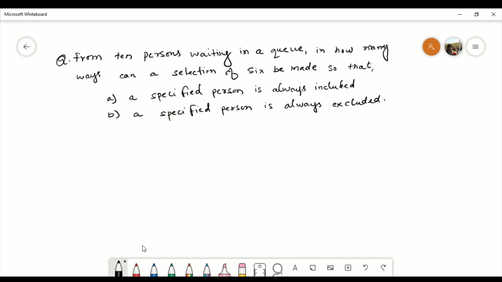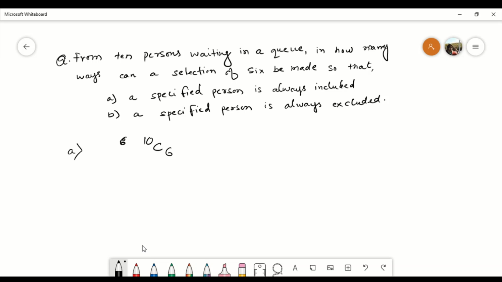So in how many ways can I select 6 persons so that one person is always included? If this constraint was not there, I would have 10C6 ways, right, of selecting a team of 6. So these many ways would be there, but since there is a restriction, that means one person is always in the team, right?